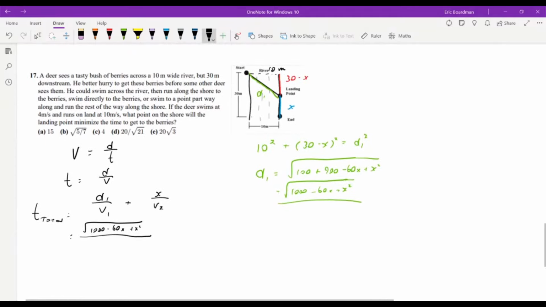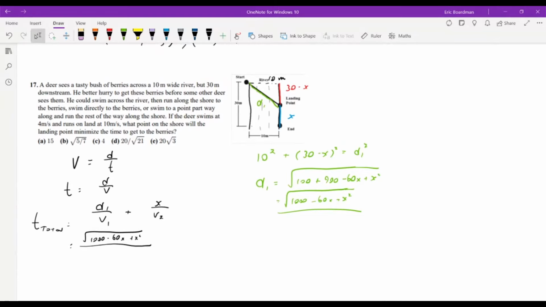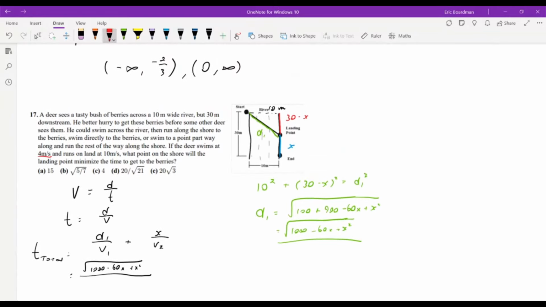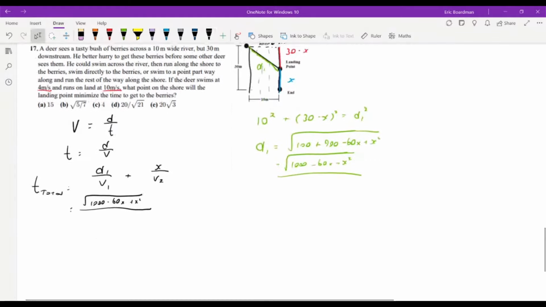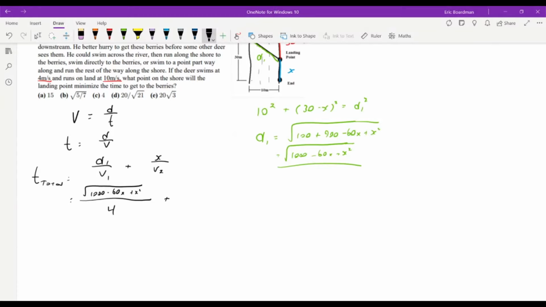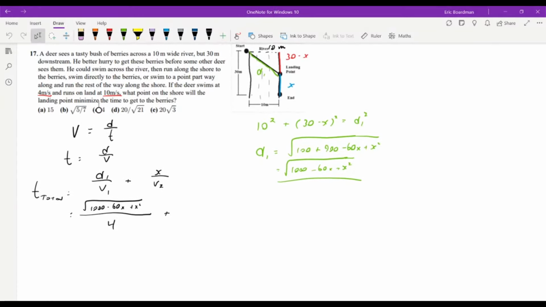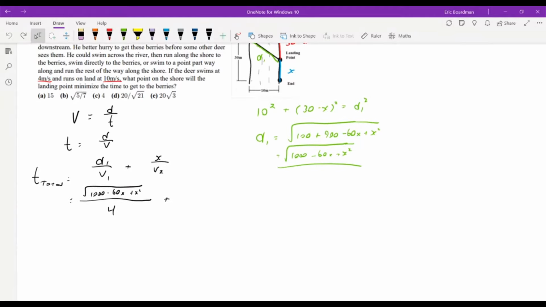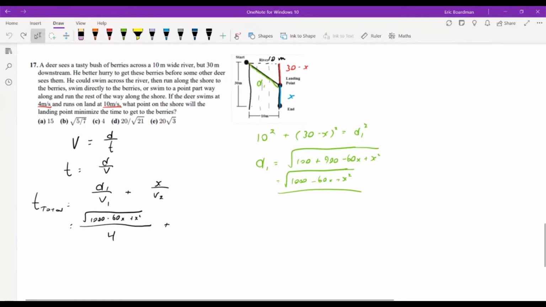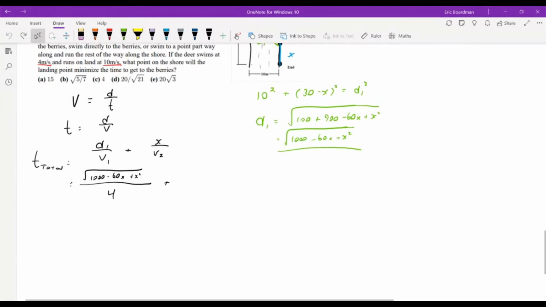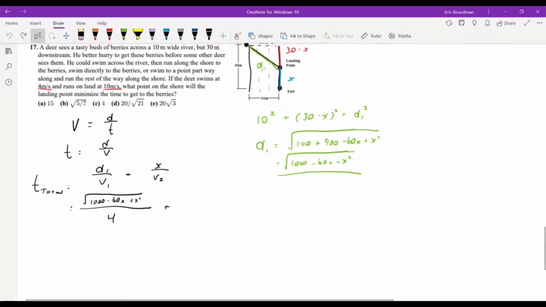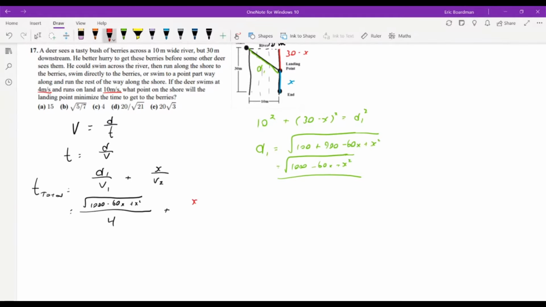And the deer's speed in water is 4 meters per second and it runs at 10 meters per second on land, so this should be divided by 4. By the way, if you didn't get why I added these two together, that's because they are the individual times. d1 over v1 is the time in the water, and x over v2 is the time on land. So the total time is just the sum of the individual times. So we have the square root of 1,000 minus 60x plus x squared over 4, and then x over 10, because 10 is the speed on land.